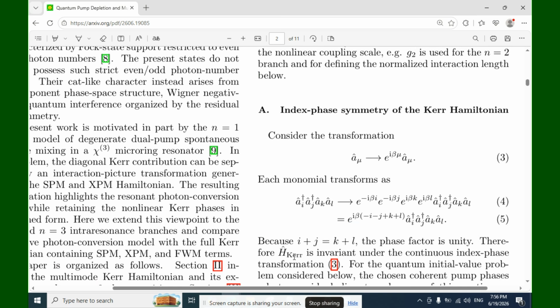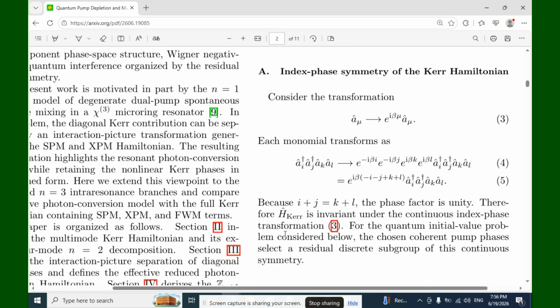Each monomial transforms as alpha_i^† alpha_j^† alpha_k alpha_l goes to e^{-i beta_i} e^{-i beta_j} e^{i beta_k} e^{i beta_l} alpha_i^† alpha_j^† alpha_k alpha_l, which equals e^{i beta (-i - j + k + l)} times the same monomial. Because i + j = k + l, the phase factor is unity.